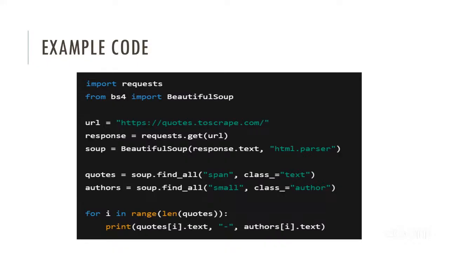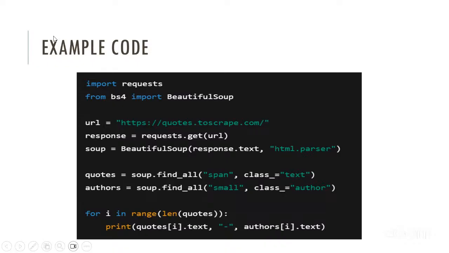First, we import the required libraries: import requests, from bs4 import BeautifulSoup. Requests will help us download the web page, and then Beautiful Soup will help us parse the HTML and extract the data. Okay, then our URL.